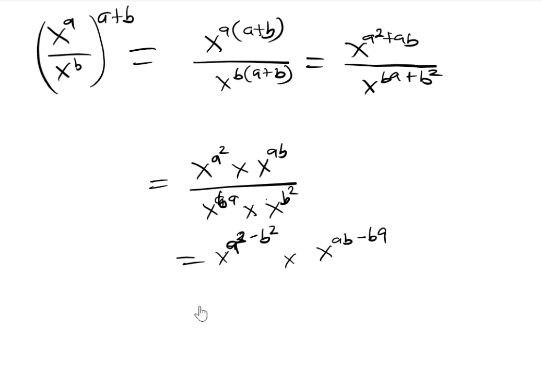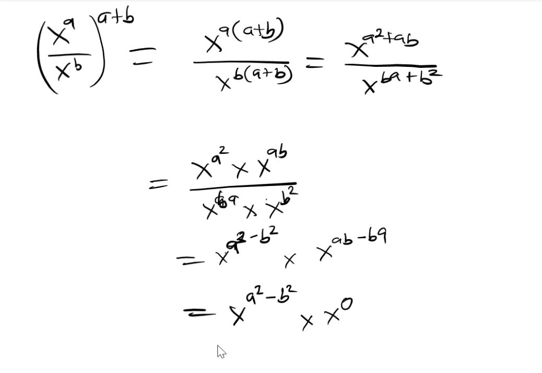Then I have this to be equal to x raised to power a squared minus b squared, multiplied by x raised to power ab minus ba. ab and ba are the same thing, so it should give me 0.